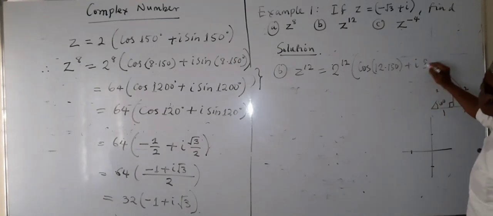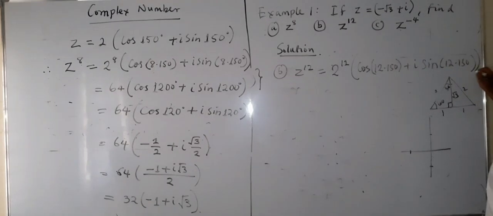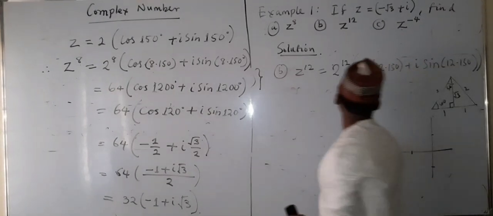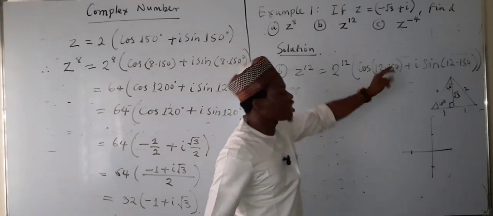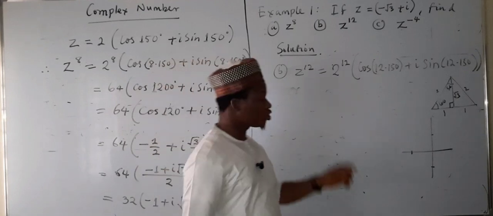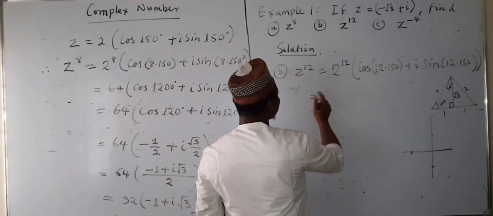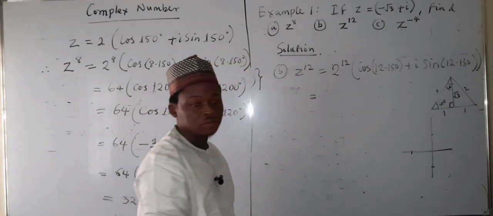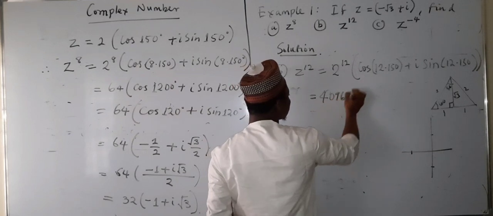Plus i sine 12 times 150. 12 times 150 is what? 1,500 plus 300, that's 1,800, right? So we have 2 raised to the power of 12 is what? 4,096.